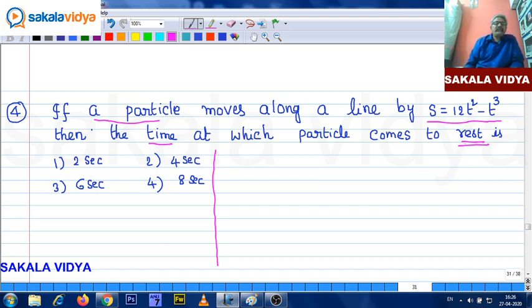So we need to equate v equal to 0 and calculate the t value. That is the required time. First let us find ds by dt, which is 24t minus 3t square.